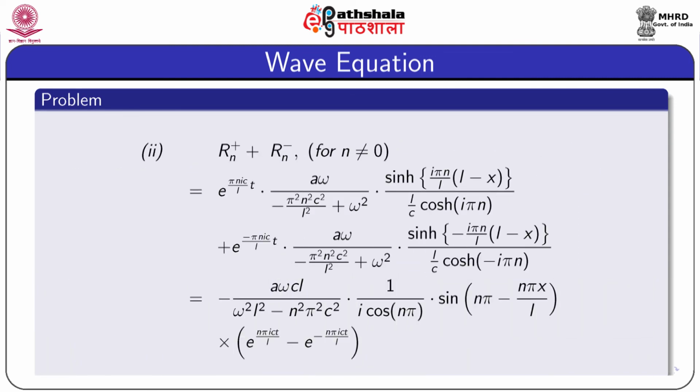In a similar way we can find the value of Rn plus, the residue of the function e to the power pt into u bar at the point p equals n pi c by L into i. The residues are calculated here using Cauchy's residue theorem, and the simplification is done in the next line.